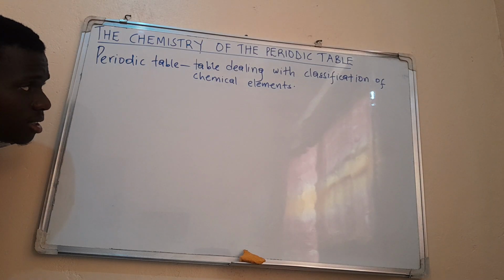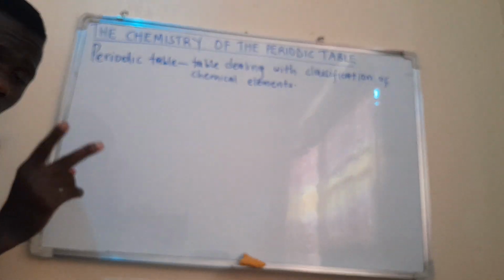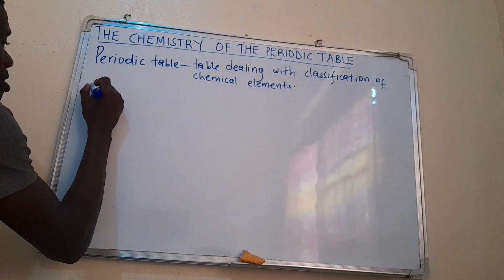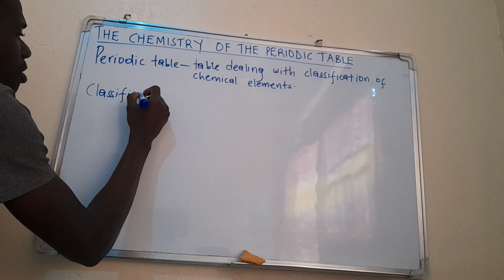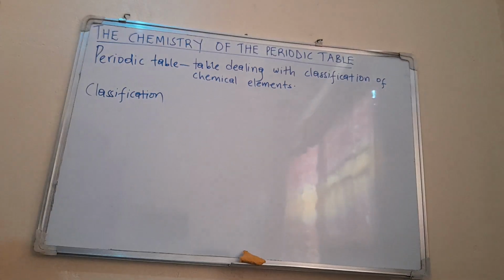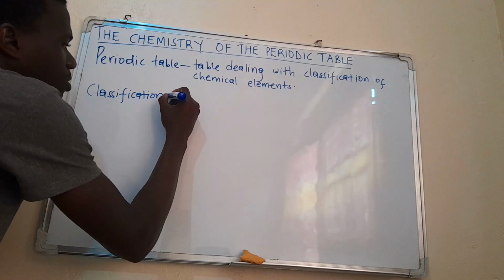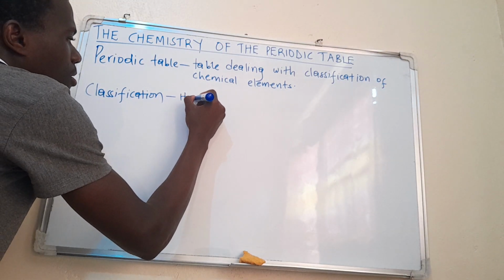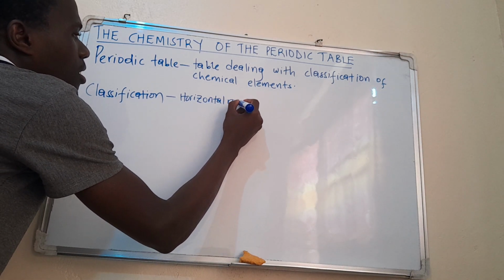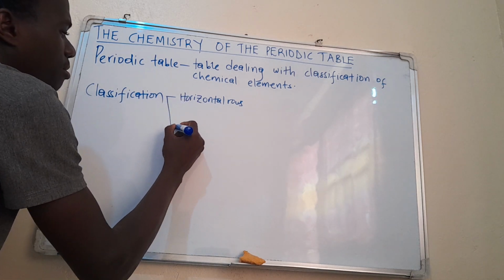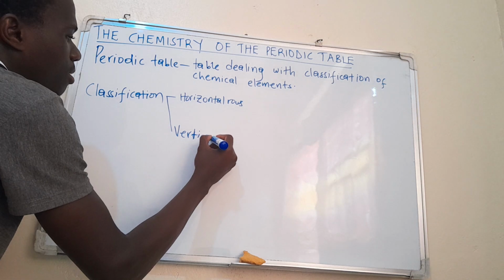Yes, this periodic table. So this classification of chemical elements occurs in two ways. I've told you that we have horizontal rows, then you also have vertical columns.